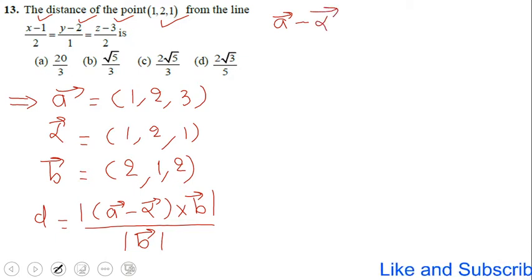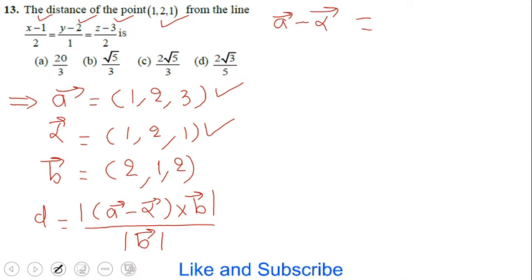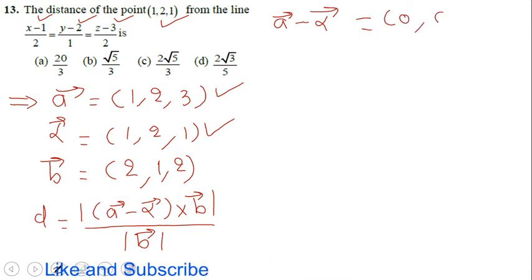Both we have to subtract here. Vector A is this, vector alpha is this, so we subtract and we get (0, 0, 2).